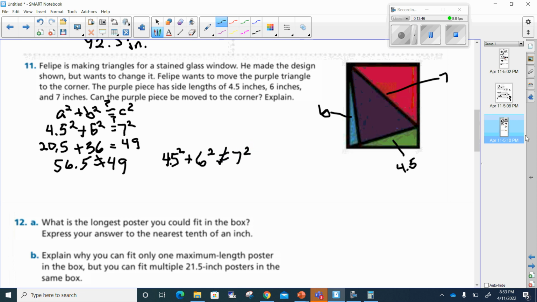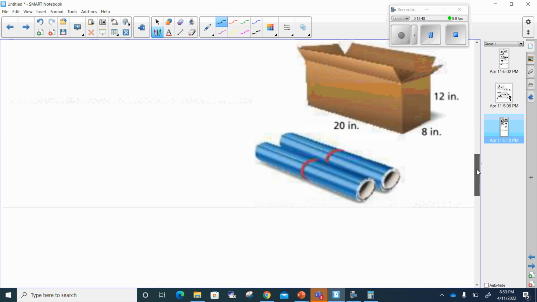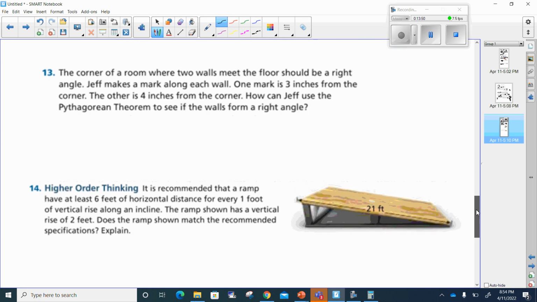All right, let's go to number 13. It says the corner of the room where two walls meet the floor should be a right angle.